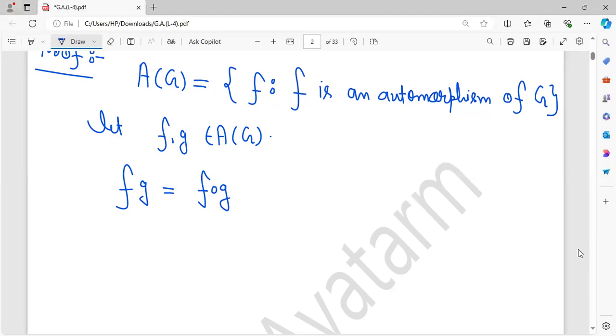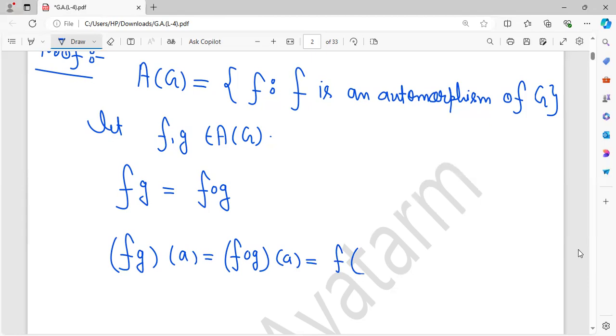How is it defined? (f∘g)(a) is equal to f(g(a)) for all a belongs to G. So in this way, this operation is defined.